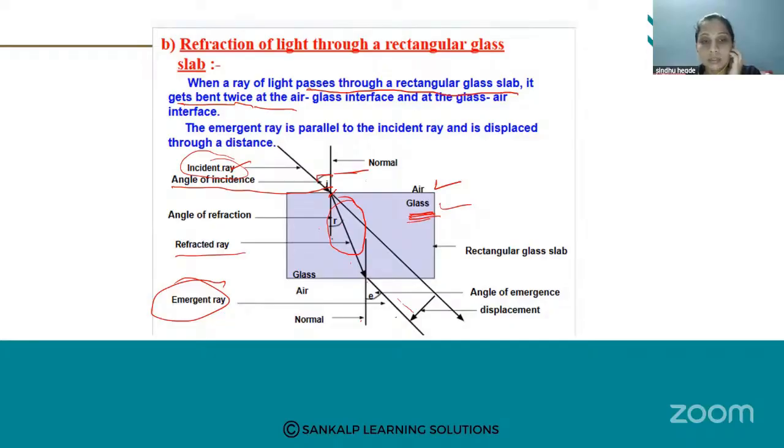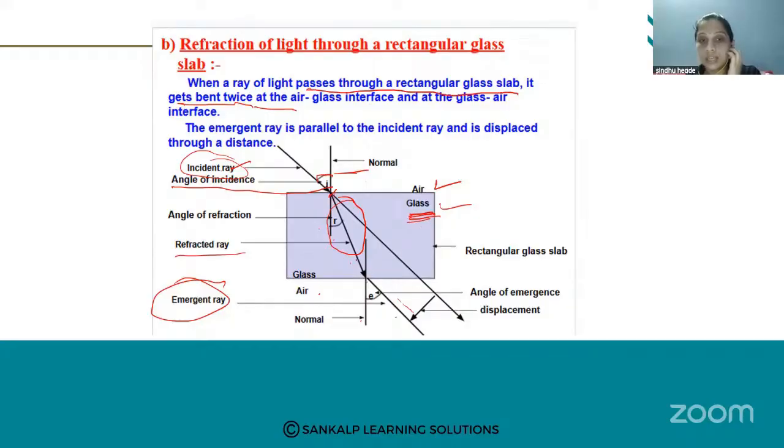So it bends towards this normal. And again, the second time, this light comes out. How? Again this light passes from glass medium to air medium. First time air to glass, second time it passes from glass medium to air medium.